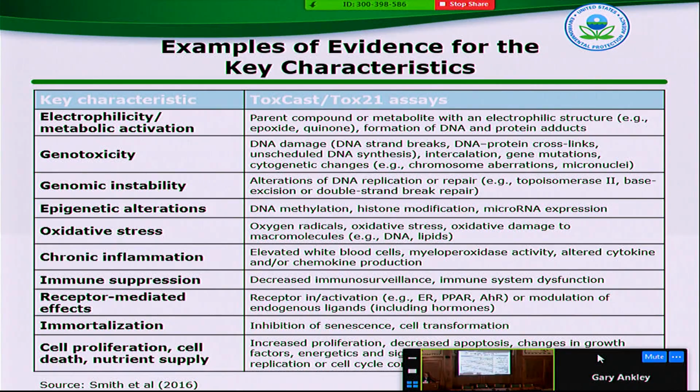And this is a slide, I think, that Martin had, put into one slide with a smaller typeface and maybe fewer words. But basically, each of these key characteristics has a lot of different assays that would feed into it. So it's not just 10 assays, it's dozens or hundreds of assays that all feed into these key characteristics.